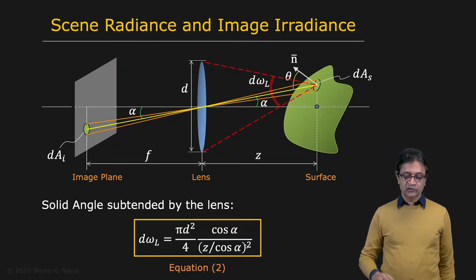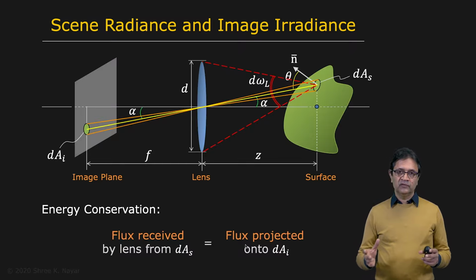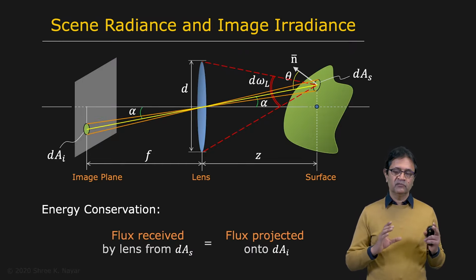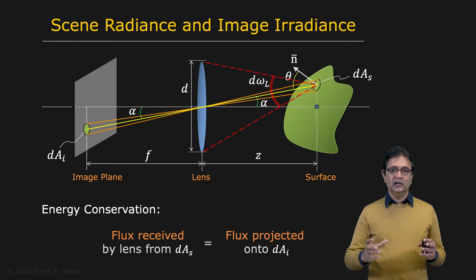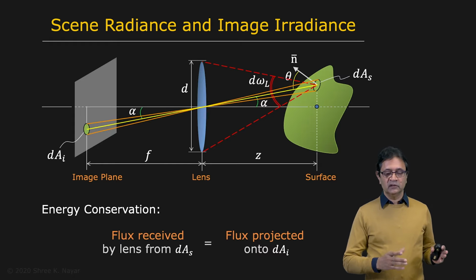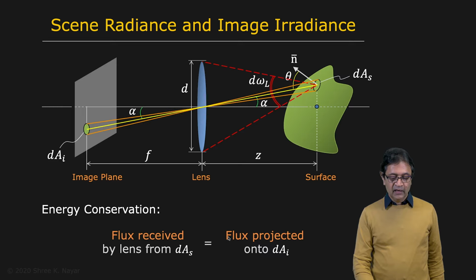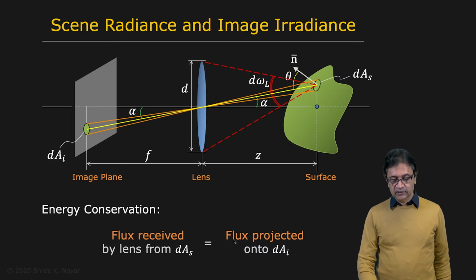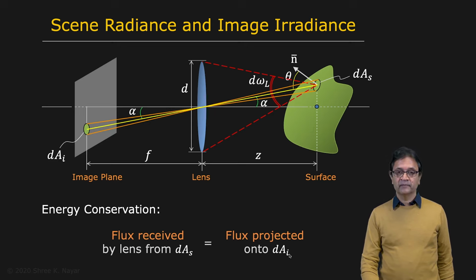So that's equation 2. And now we know that the light flux received by the lens from this patch, dAS, is all going to be projected to the pixel dAI. So the light flux received by the lens from dAS is equal to the light flux projected onto the pixel with area dAI.